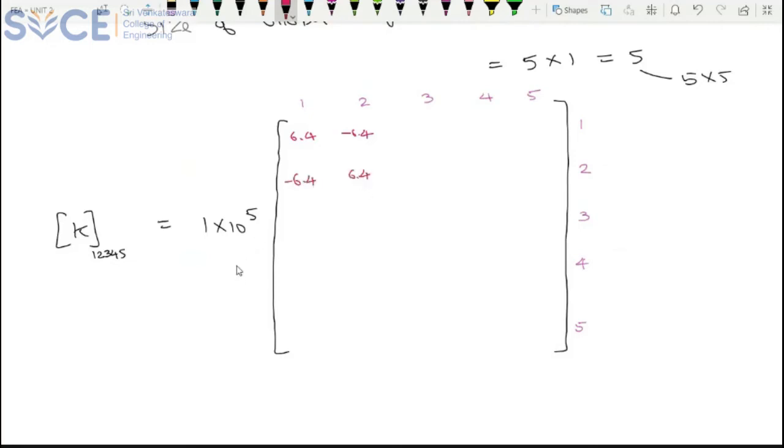Right? So sometimes if you have a larger number of matrices, you know that there is one property of stiffness. The stiffness matrix is always a symmetrical matrix, right? So in that case, you can concentrate on the upper triangle. No need to concentrate on the lower triangle. Later you can substitute it accordingly.